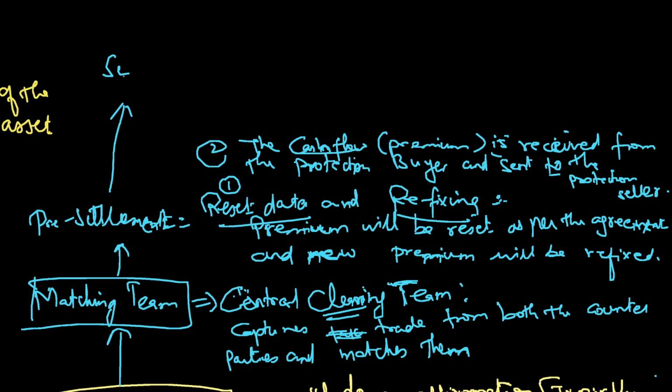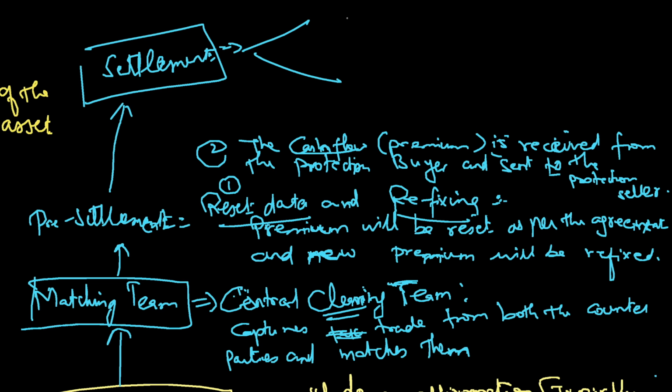Okay, then the last one is settlement. Settlement will happen at the time of maturity. So settlement can happen in two ways. One is at the time of maturity or expiry of credit default swaps.